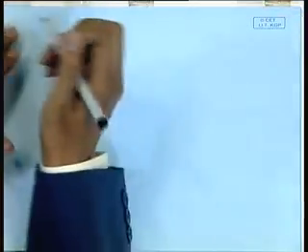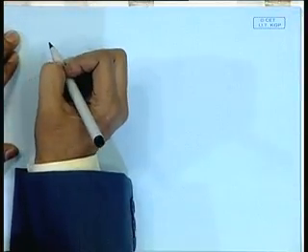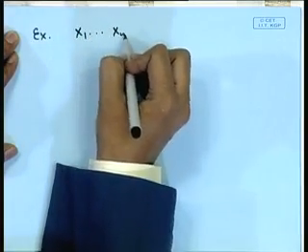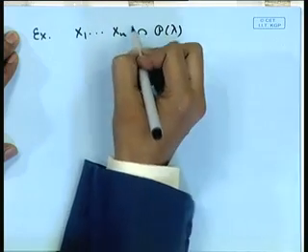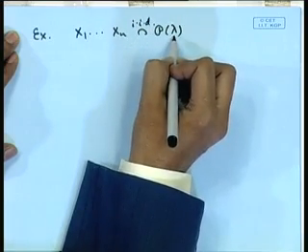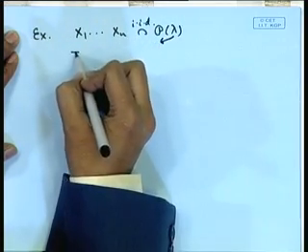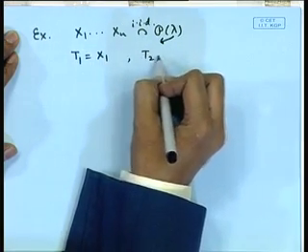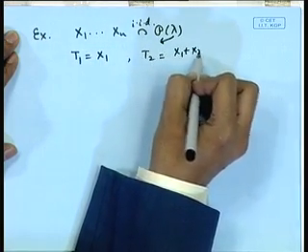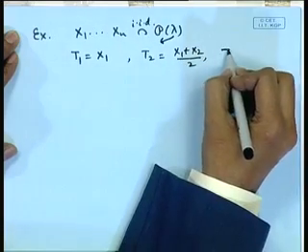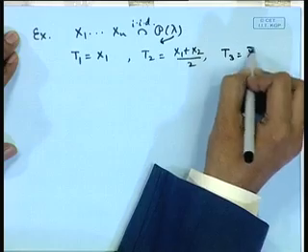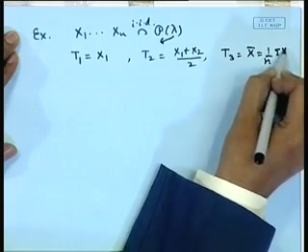As a simple example, let us consider the exercise considered yesterday. Suppose I have x1, x2, ..., xn following, say, a Poisson lambda distribution, and I am considering estimation of lambda. So, let me write estimator T1 as x1, this is unbiased. Let me write estimator T2 as (x1 plus x2) by 2. Let me write estimator T3 as x bar, which is actually the mean of all the observations.